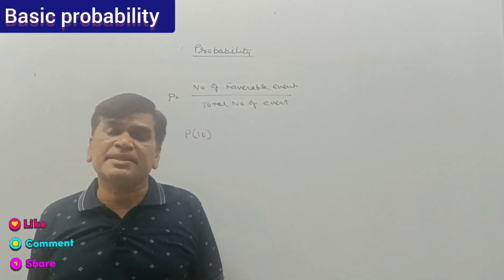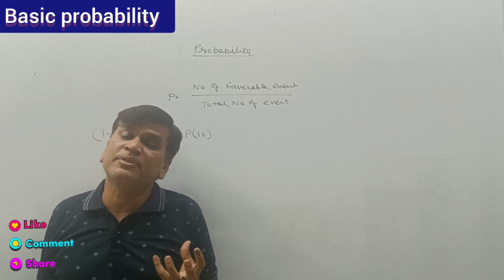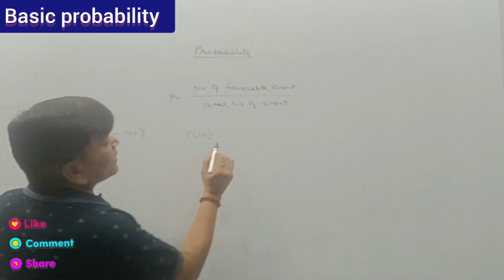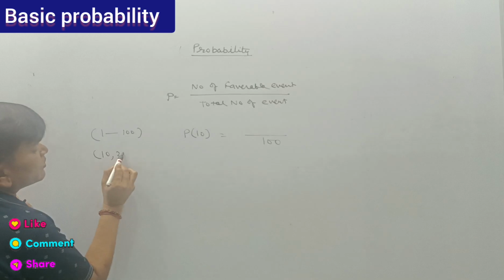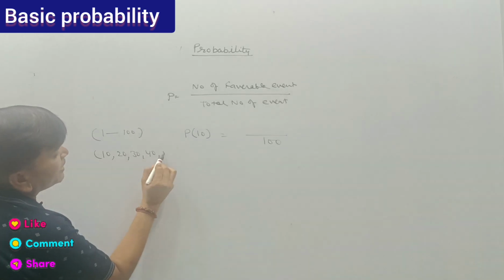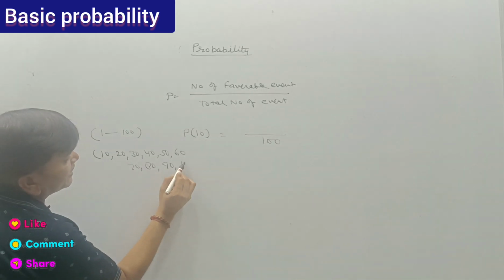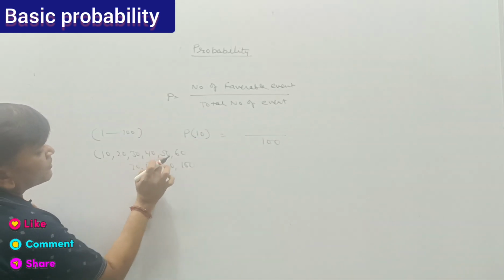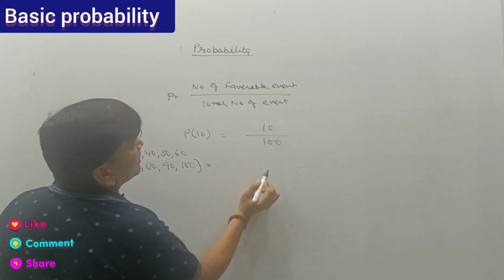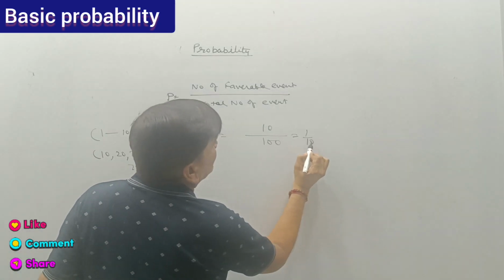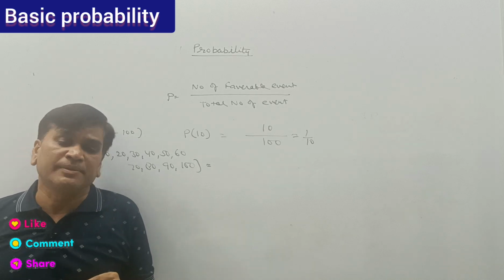If they ask, from 1 to 100, how many numbers are divisible by 10? The total numbers are 100 and those divisible by 10 are 10, 20, 30, 40, 50, 60, 70, 80, 90, 100, that is 10 numbers. So the total favorable events is 10, the total number is 100, so 1 by 10. So if you have to calculate the probability, it's very easy.